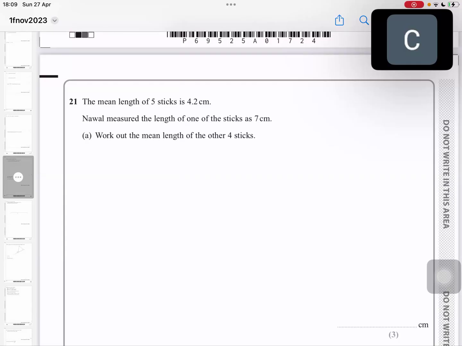So this is what we can conclude, that T plus, what's the length? Okay, this one is 7, right? T plus 7 divided by 5 equals 4.2. Agree with that? Yes.